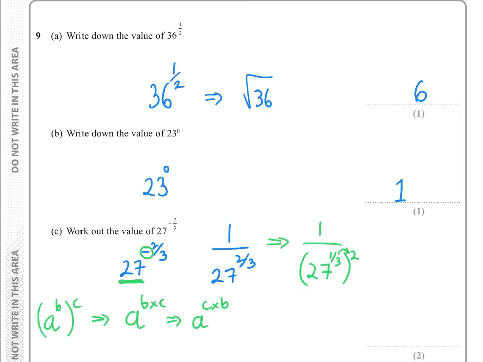So you want to get it in this order, not the other way. So if you know 27 squared, then that's fine, it's 729. But if you don't, and you're worried about making mistakes, just make it easy for yourself. So we're going to have 1 over, 27 to the power a third is the cube root of 27, which is 3, and then we're going to square that, and that gives us the answer 1/9.